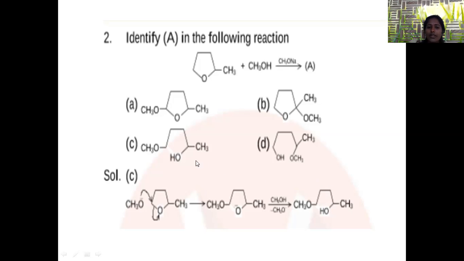So that ring opening reaction, with OCH3 and OH, will be the final product. This is not the correct one because OCH3 will always attack the back end carbon because of steric hindrance with this methyl group. If steric hindrance is not there, this will be the product. Because of steric hindrance, the product will be C, not D.